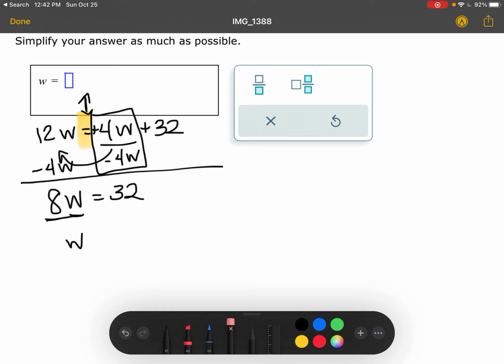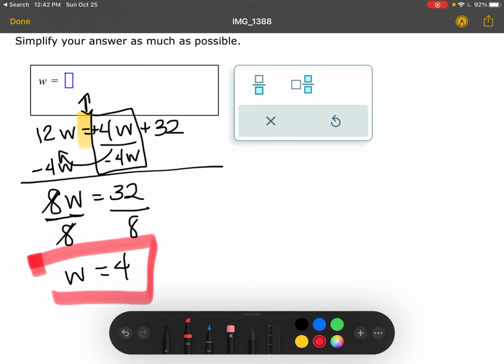So I'm going to divide by 8. If I do it on this side, I have to do it on this side. So 8W divided by 8, these cancel out, and all you have is W. And 32 divided by 8 is 4. So your answer is W equals 4.